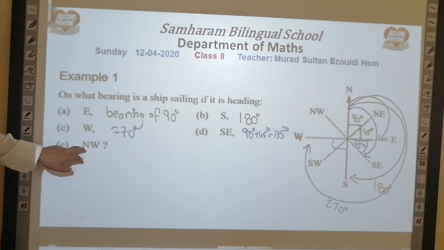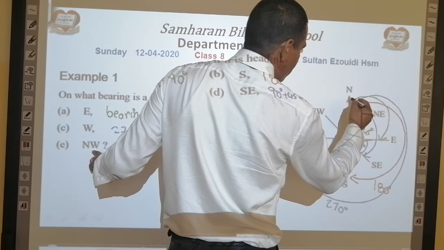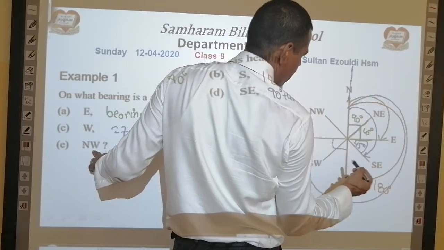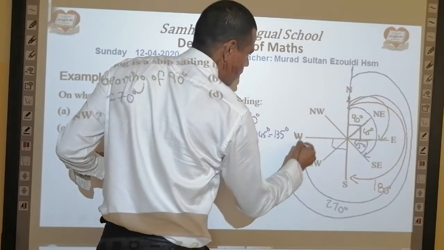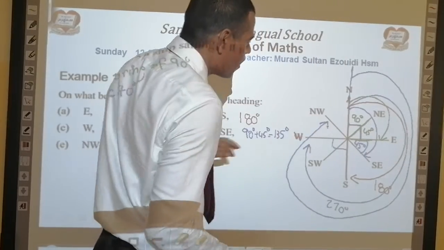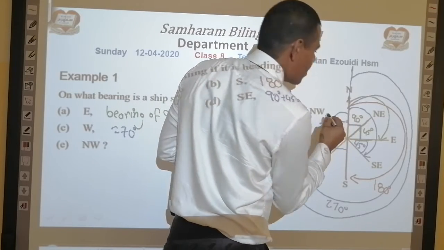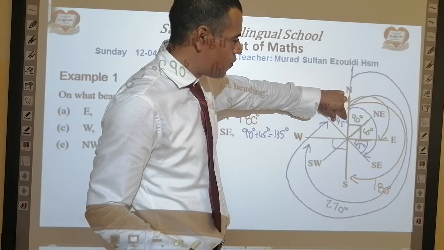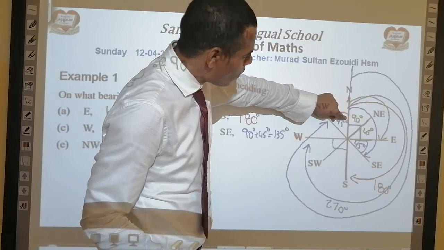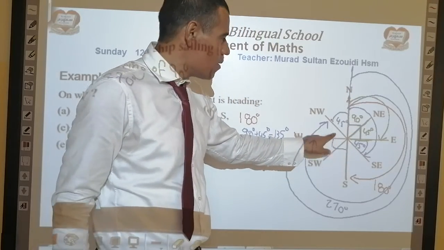Then, now from northwest, I will start from this point, then I will extend this one, then I will make like that. So, in fact, this is 45 degree. You can do both methods. If you would like to make 360 minus 45 degree, it will be 315. Or make 90 plus 90 plus 90, 270 plus 45.